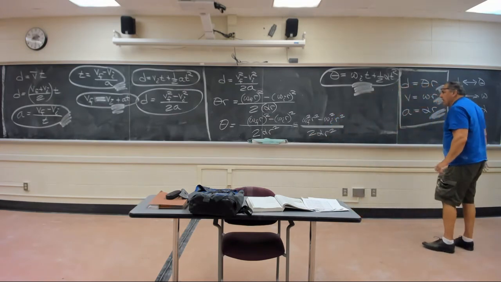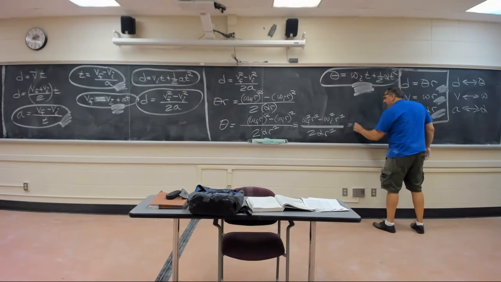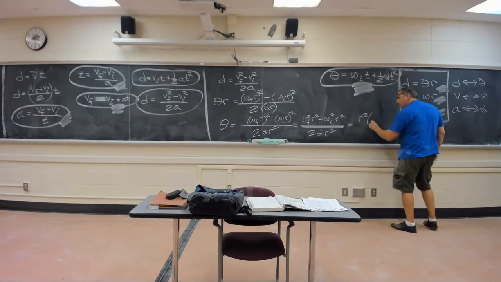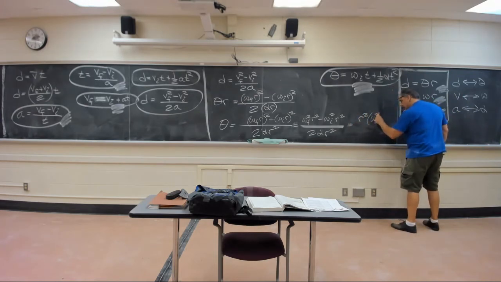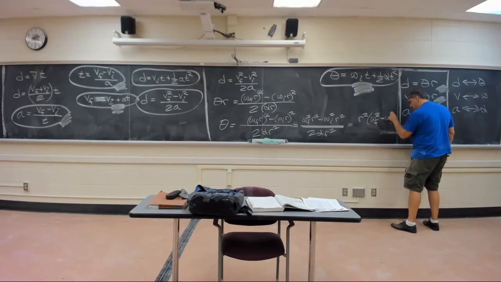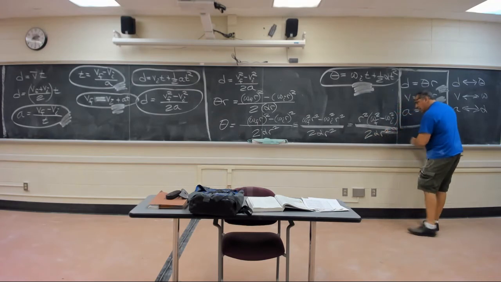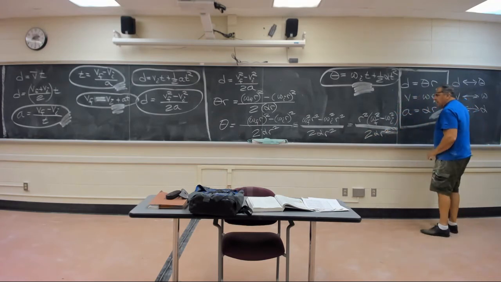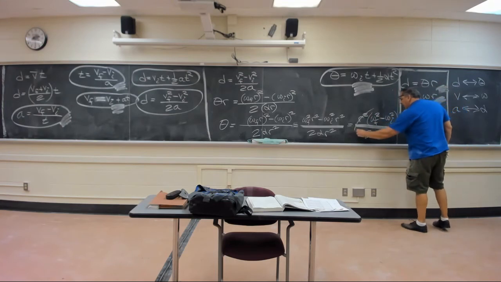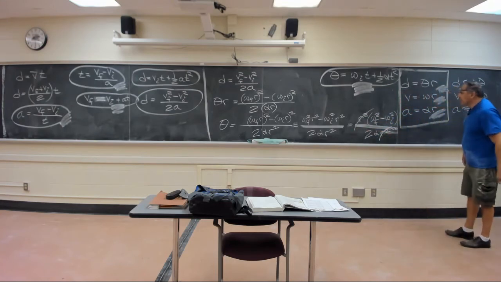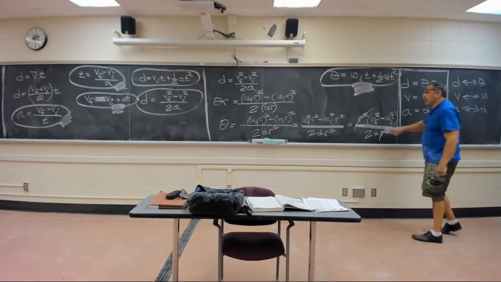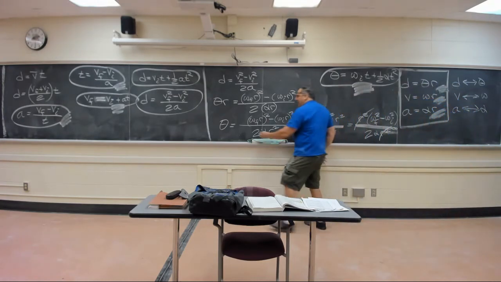This is kind of crazy. We factor out the r squared, guys. R squared and r squared cancel. And you got this. Remember, you started way down here, ladies and gentlemen.